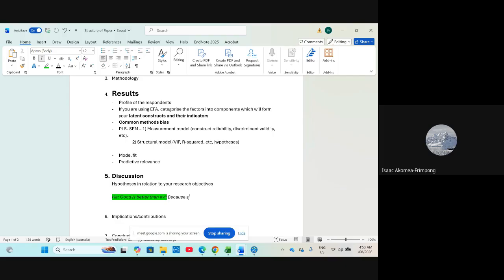Good. So that's the second part. So one, interpretation. Let me make it brief. Deep interpretation, I'll use the word deep interpretation, not just interpretation, of your outcome. Two, link it to existing studies, existing findings.